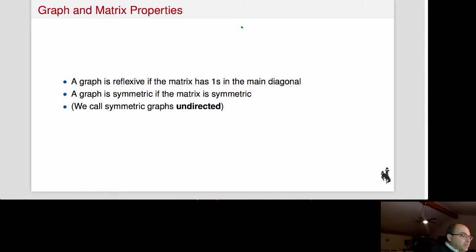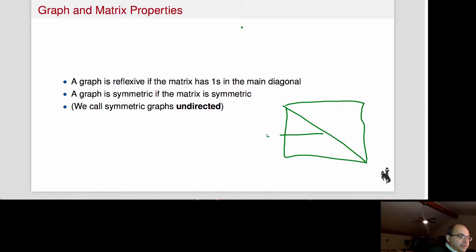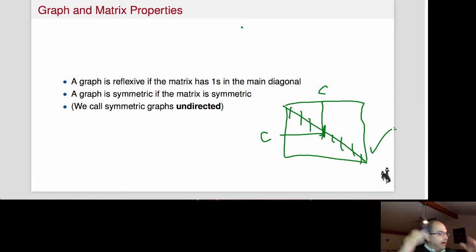Because I have a matrix, okay? And along this diagonal, any given entry might be row C, or rather node C to node C. That has to be a 1 because it's reflexive. All of these are going to be 1s. Okay, so yeah, I can actually recognize a reflexive graph by its matrix.